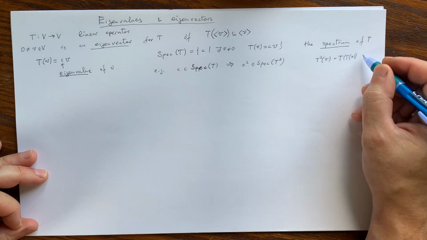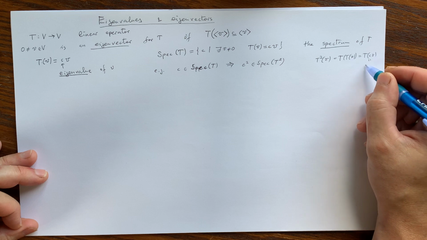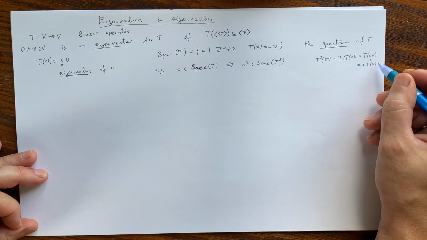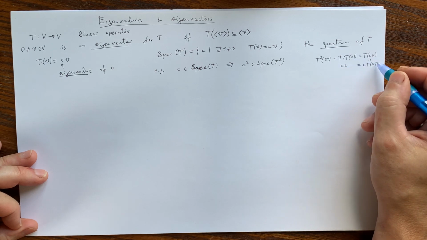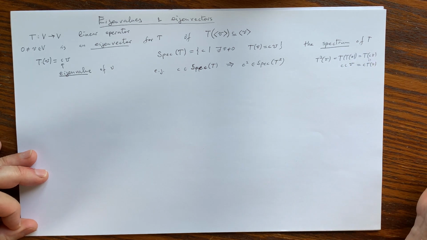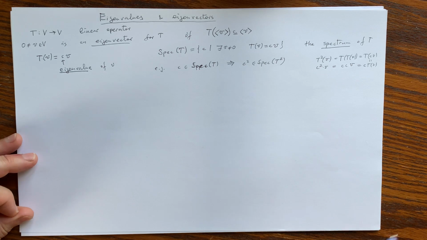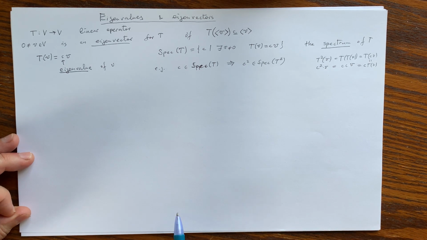Once applied, v is scaled, T is linear, and then we can apply T again and write the eigenvalue equation for T of v. That is c times v, and then we have 2 c's as a result, so we have c squared times v, making v an eigenvector for T squared with a different eigenvalue, c squared.